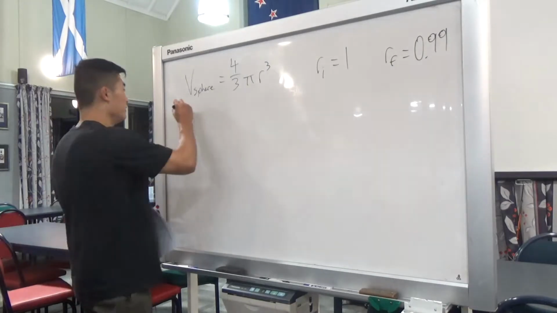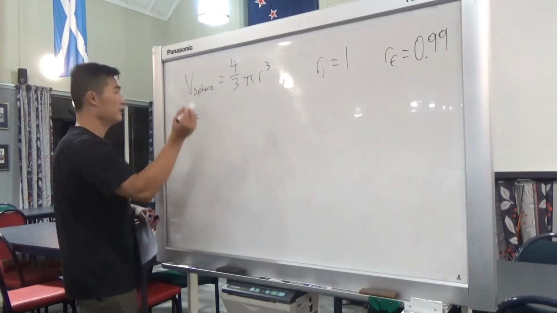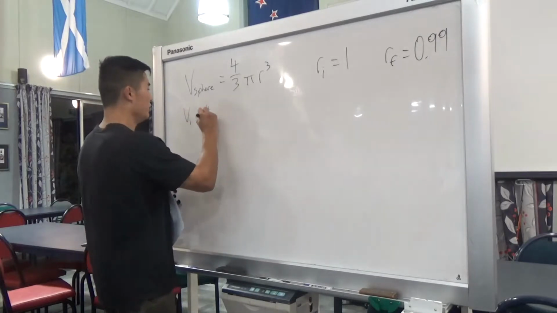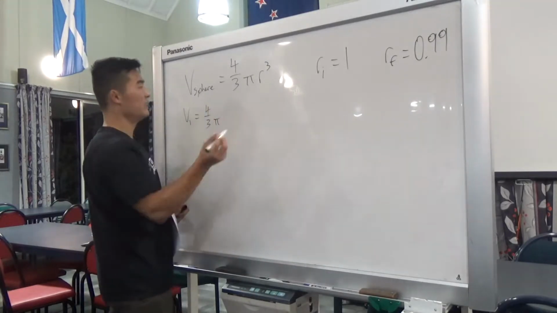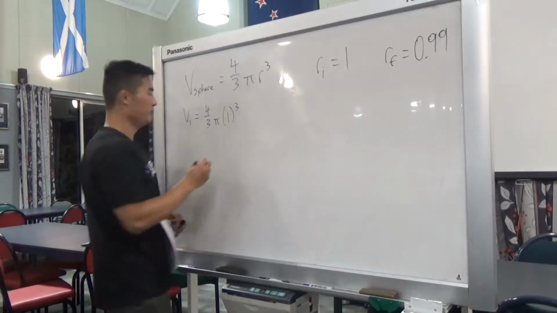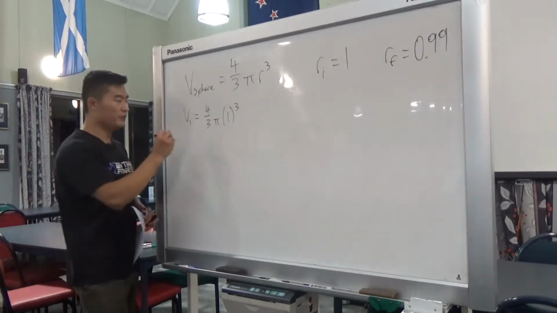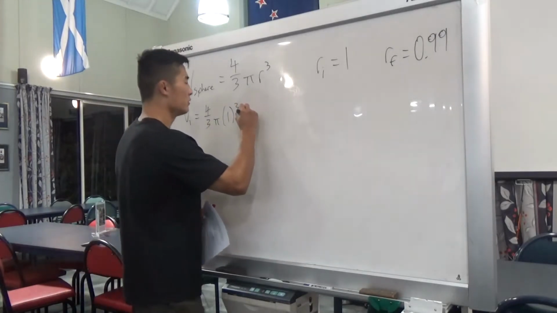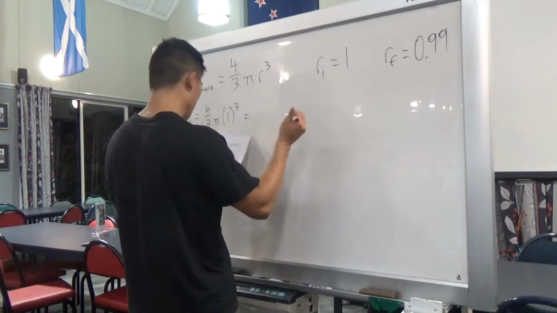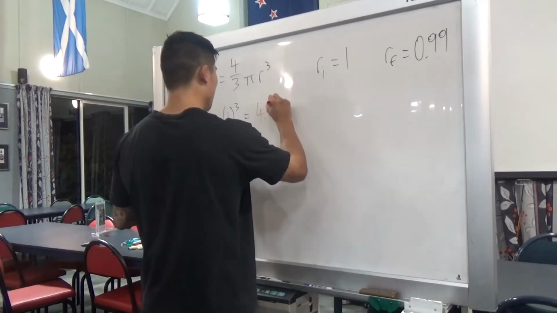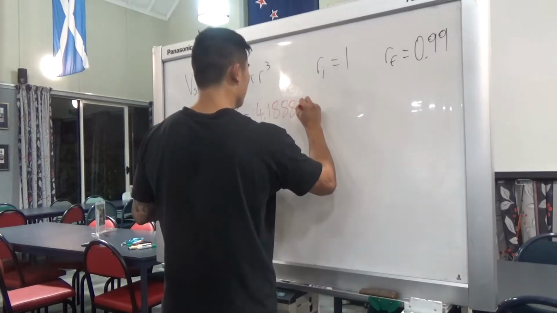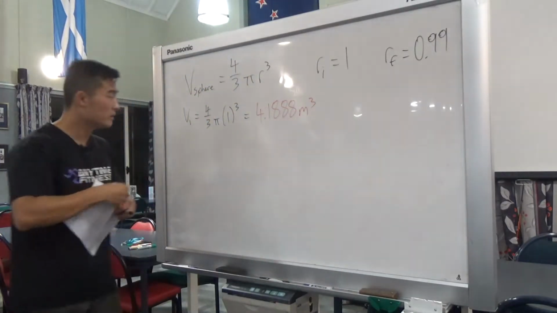So the initial volume, volume 1, would have been 4/3 times pi multiplied by 1 cubed. Okay, so that would be 4.1888 meters cubed.